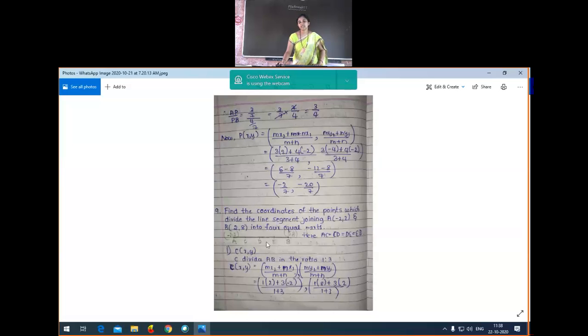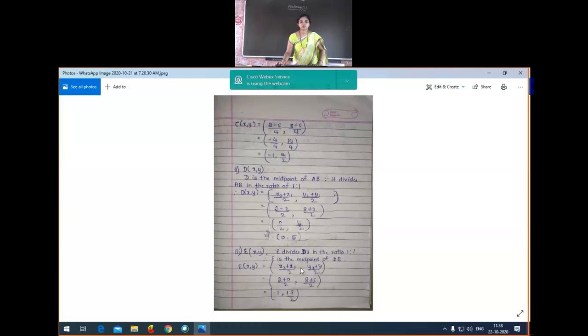So if the E point is a midpoint, then the ratio is already 1:1. So again you can use the midpoint formula: x2 plus x1 divided by 2 and y2 plus y1 divided by 2. So that is 2 plus 0 by 2, then 8 plus 5 by 2. So that means 1 comma 13 by 2 is the answer.